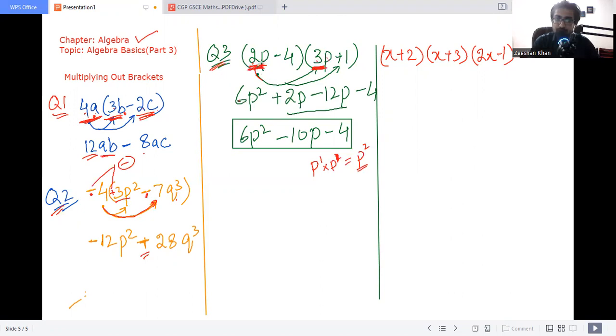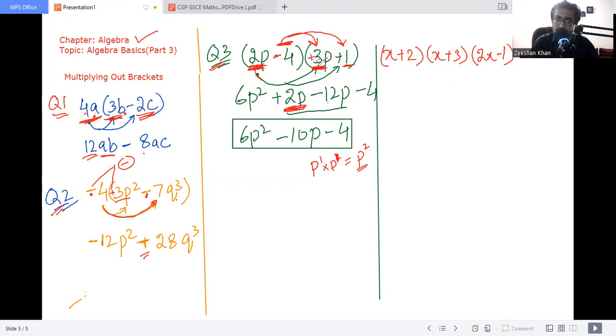Then we will multiply this 2p with the next term, that is 1. So 2p multiply 1 is 2p. I have written it over here. Now I will multiply this negative 4 with 3p, and then I will multiply negative 4 with 1. So 4 times 3 is 12, but you can see the sign here, it is negative, it is positive.